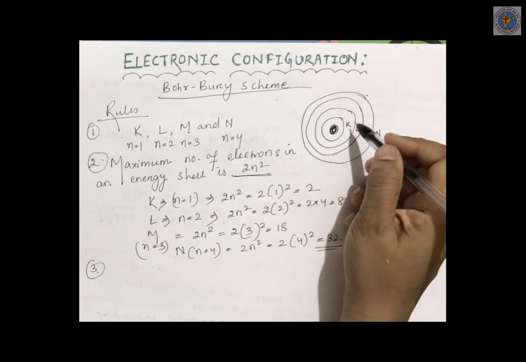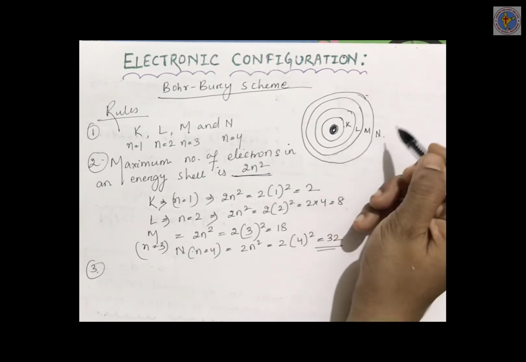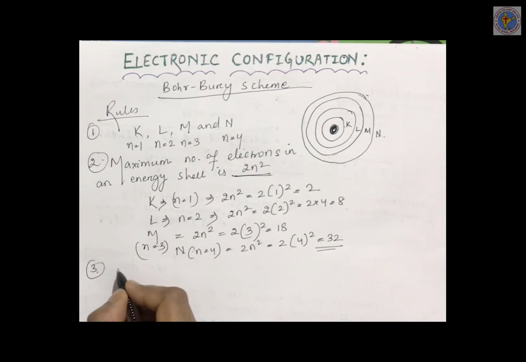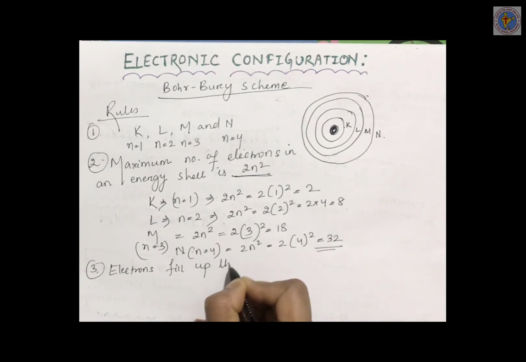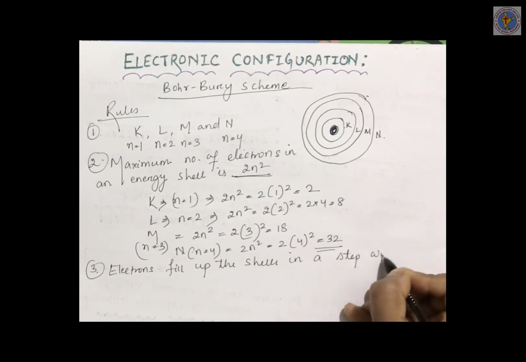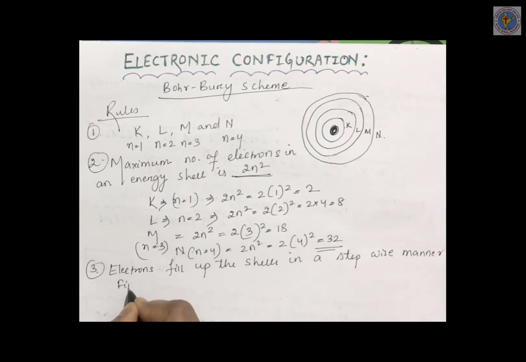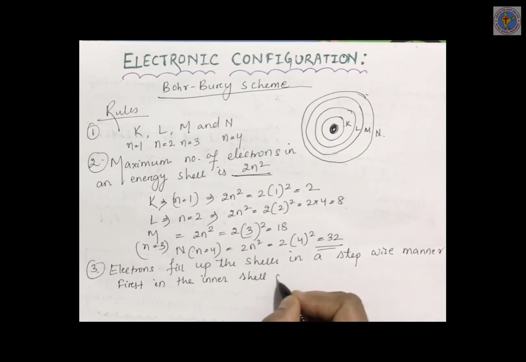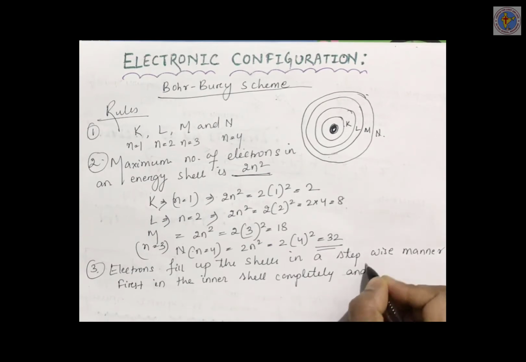First they will fill up the inner shell completely, first the K shell, then L, then M, then N. Like this, the filling of electrons takes place, and then they occupy the next shell.